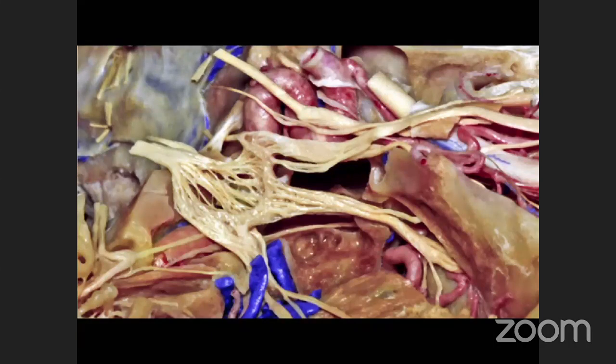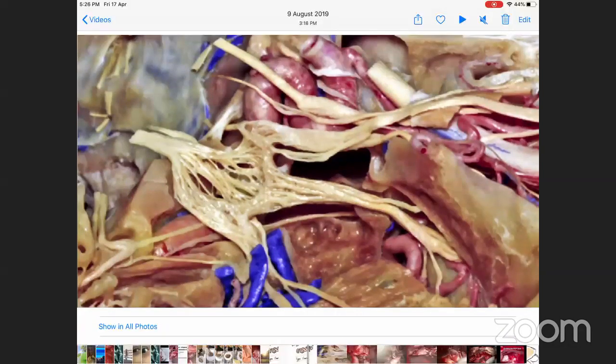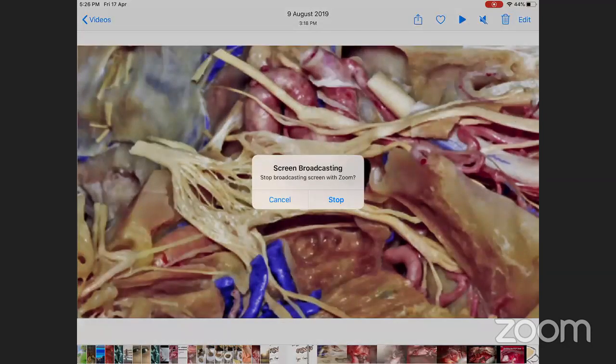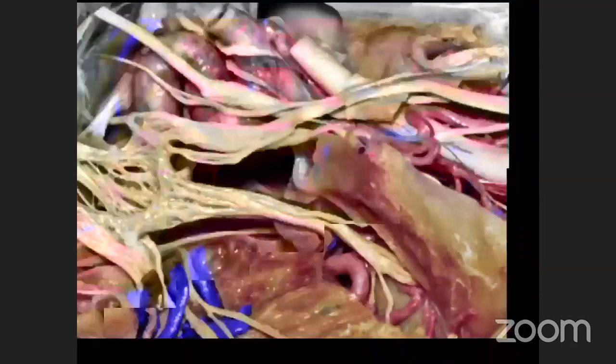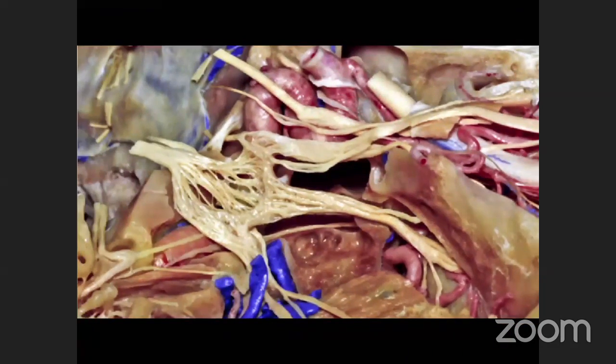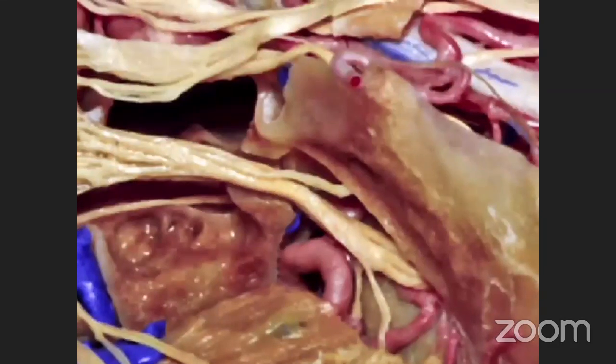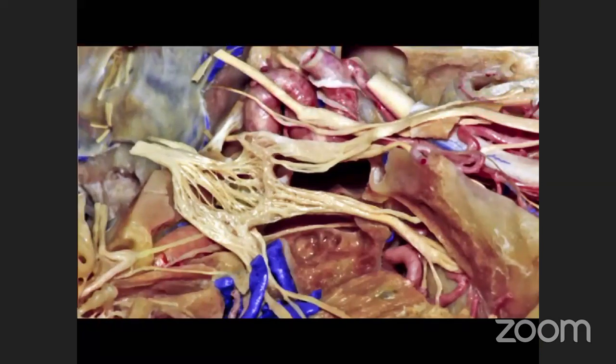Professor, can you just go to the view options at the top, and then you'll be able to use your cursor to show. View options at the top of the screen. I'm at a loss.